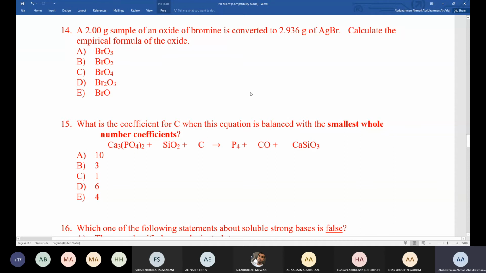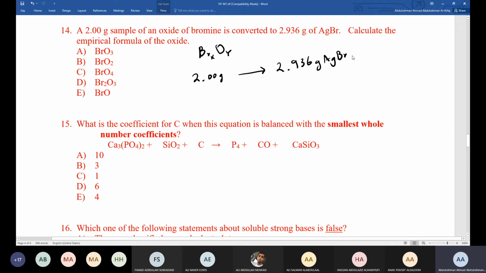Okay, a 2 gram sample of an oxide of bromine, so it is BrxOy. 2 gram of this, converted to 2.936 gram AgBr.